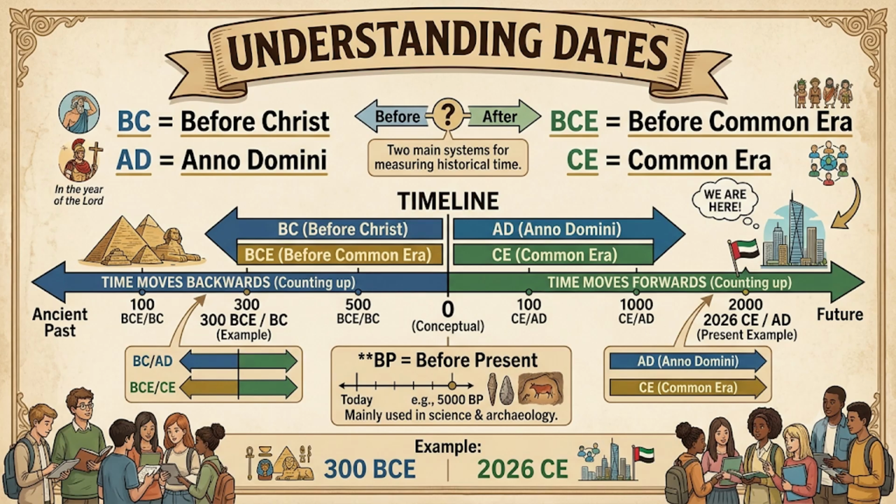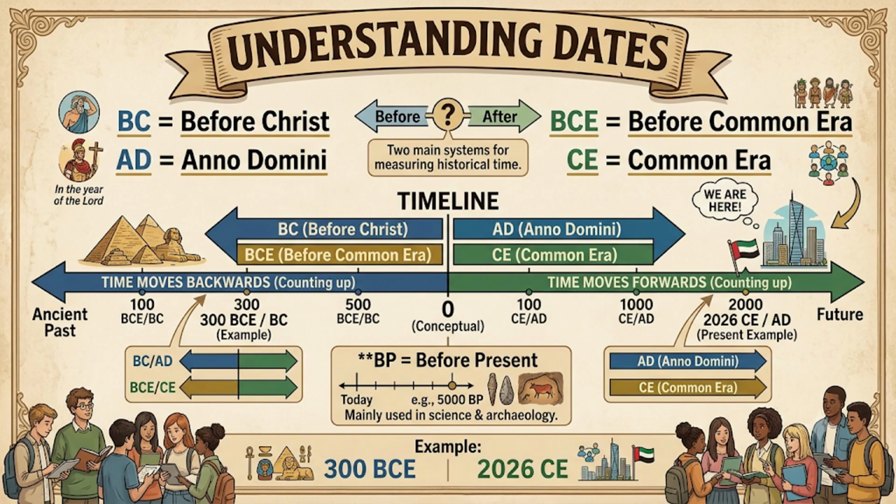Understanding dates. Historians use special systems to measure time. BC stands for before Christ. AD stands for Anno Domini, meaning in the year of the Lord. Today, historians often use BCE, which means before Common Era, and CE, which means Common Era.